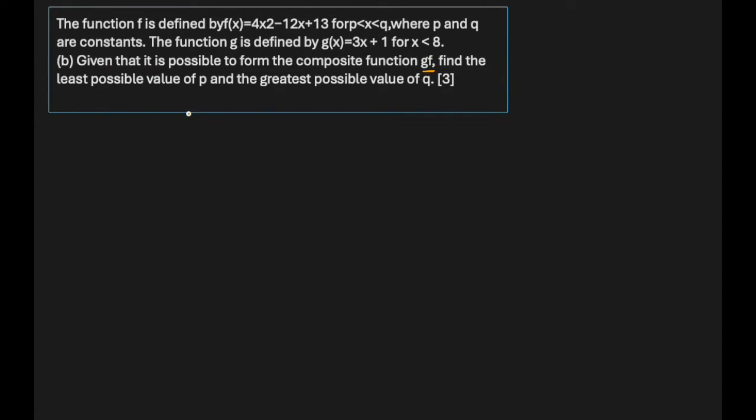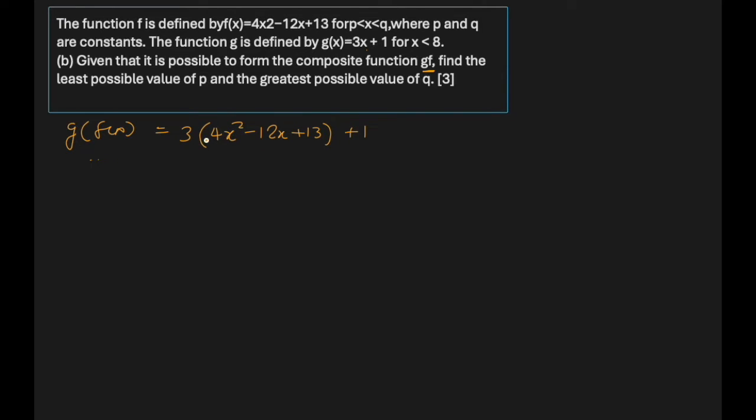Okay, so gf, they're saying gf, so the parent function is g and we are putting fx inside it. Okay, so g is 3x plus 1, so I will just write 3, and in place of x, because it is gx and I'm writing g of fx, I will substitute fx. So in place of this I'm writing 3 times 4x square minus 12x plus 13, and then we have plus 1 also.